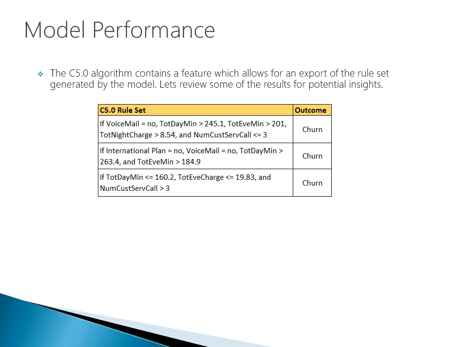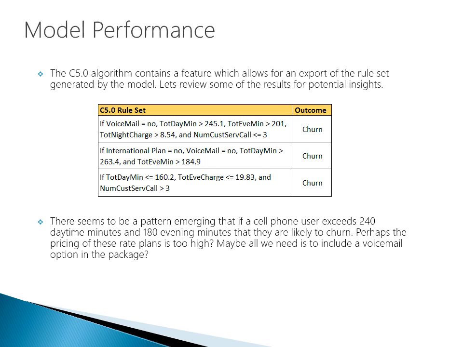The last one is if my total daytime minutes is less than 160, if my total evening charge is less than or equal to $19.83, and my number of customer service calls is greater than 3, I'm going to churn. So these are very programmatic points, but if we peer underneath the surface and really start to look at what the data is showing, we can find some business knowledge there.